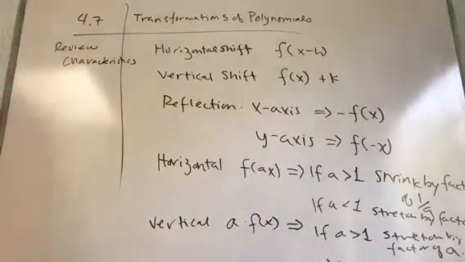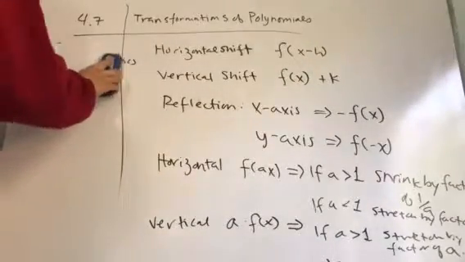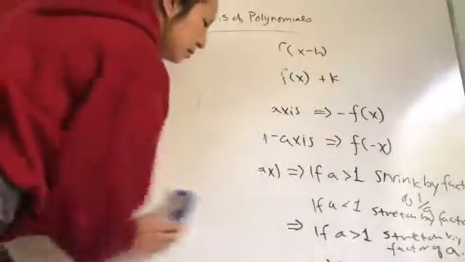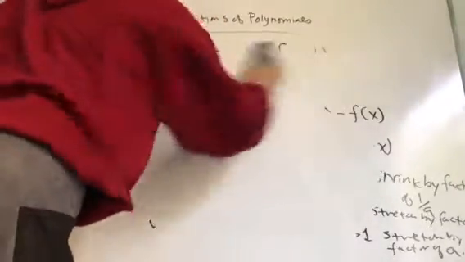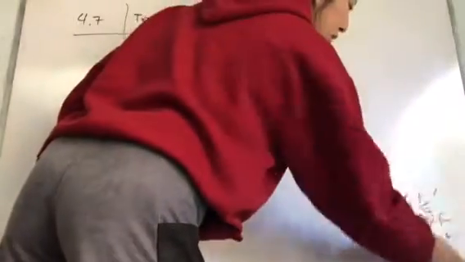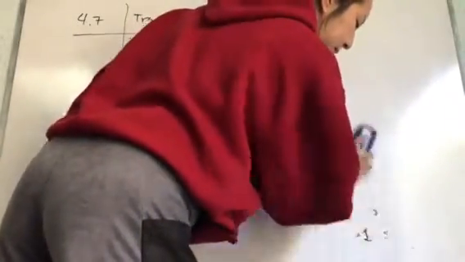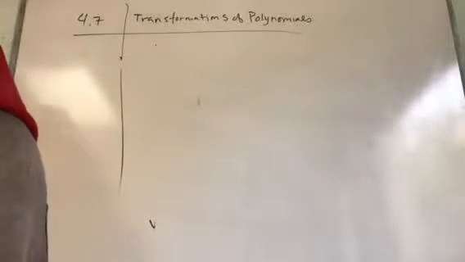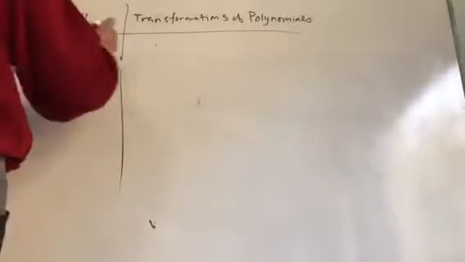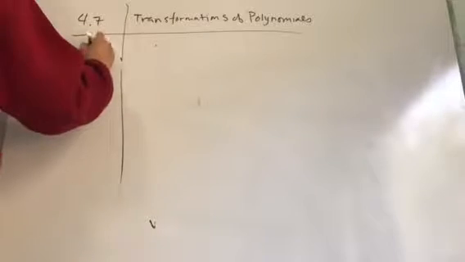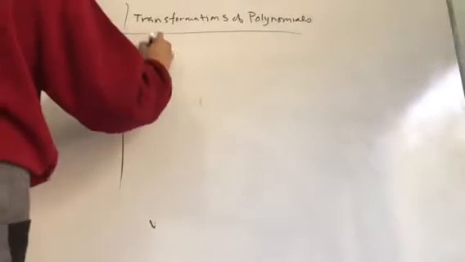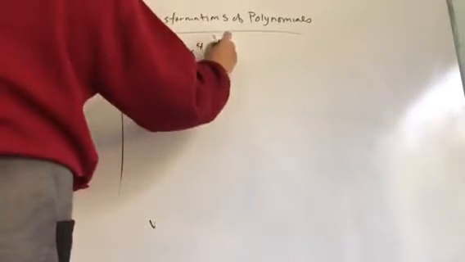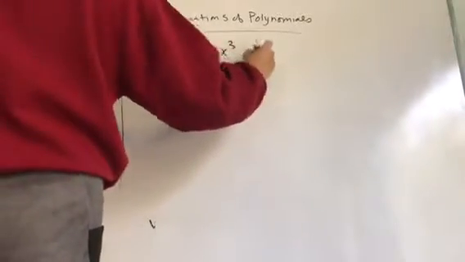Let me give you a quick example. Let's say we had a function f of x equal to x to the 4th minus x to the 3rd minus 1.